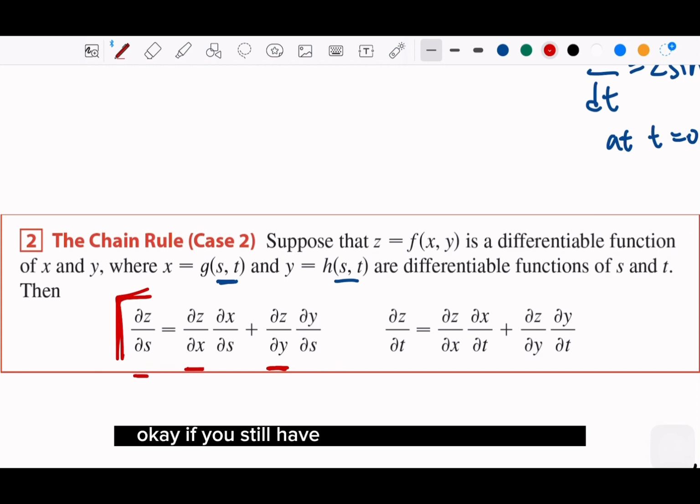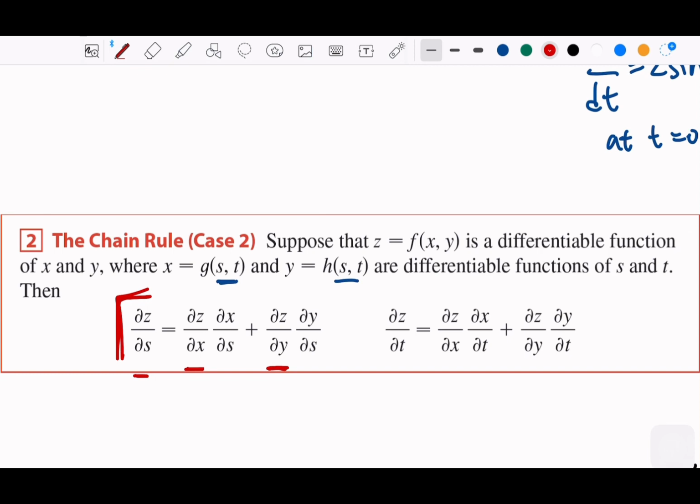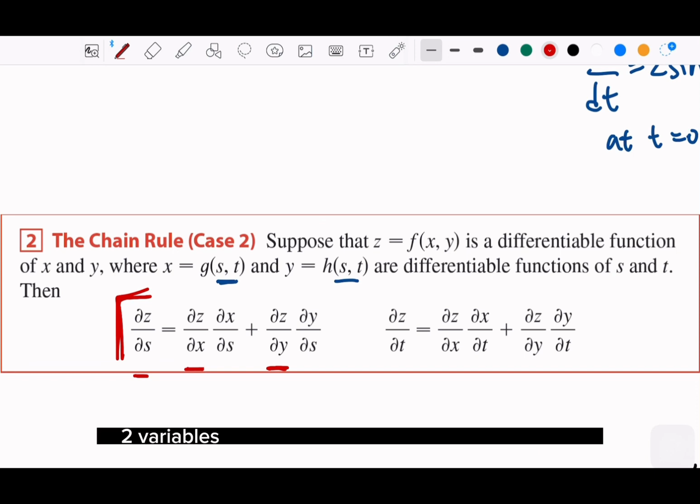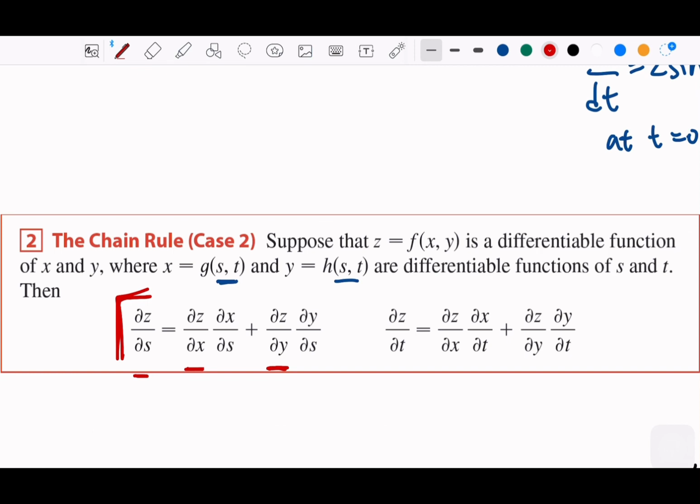If you still have some confusion about this, there is another way to look at it more generally. If you have many variables, 2 variables, 3 variables, 4 variables, it doesn't matter.